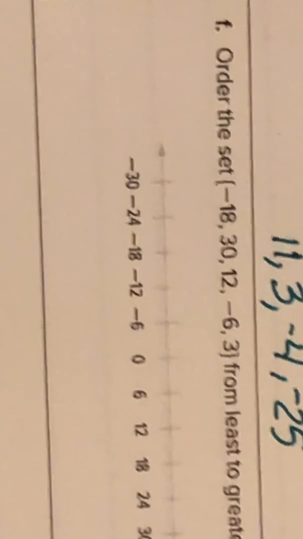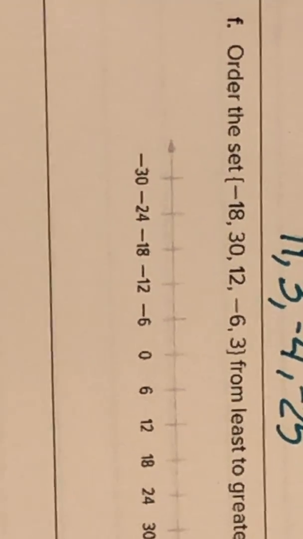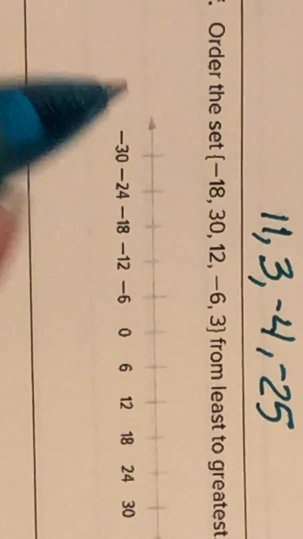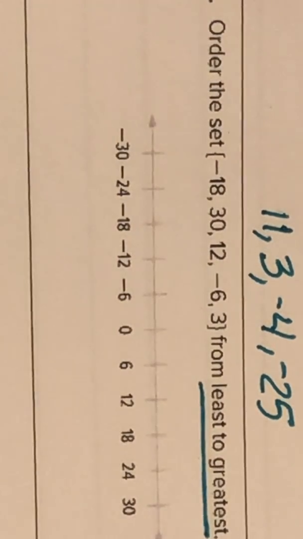All right, letter F says order the set negative 18, 30, 12, negative 6, 3 from least to greatest. So I'm going from least to greatest, so smallest to biggest.